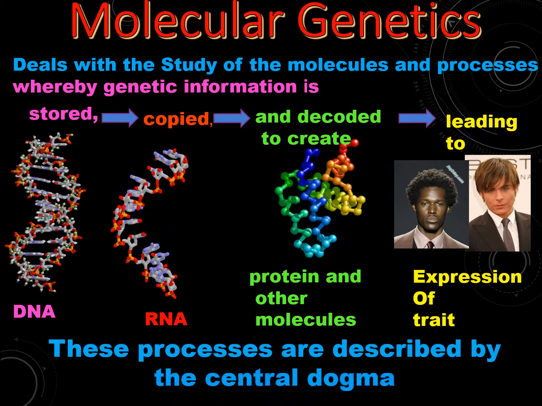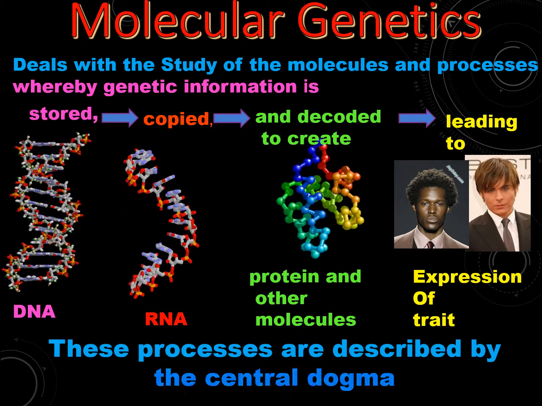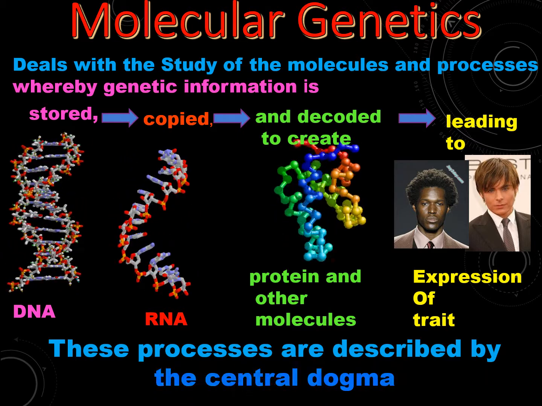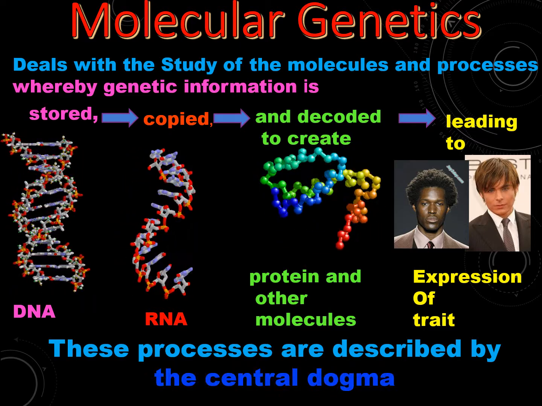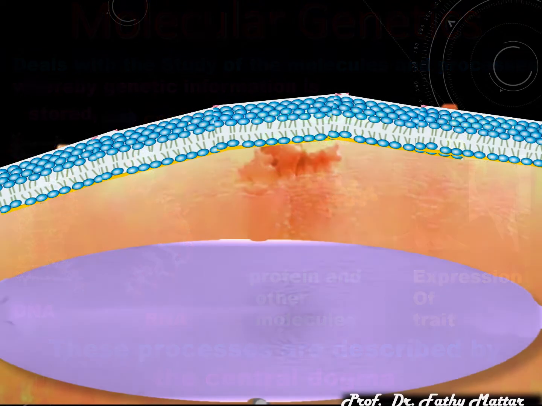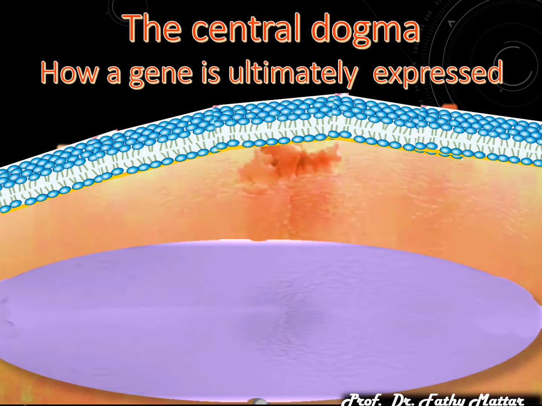These processes are described by what is called the central dogma. The central dogma describes how a gene is ultimately expressed.